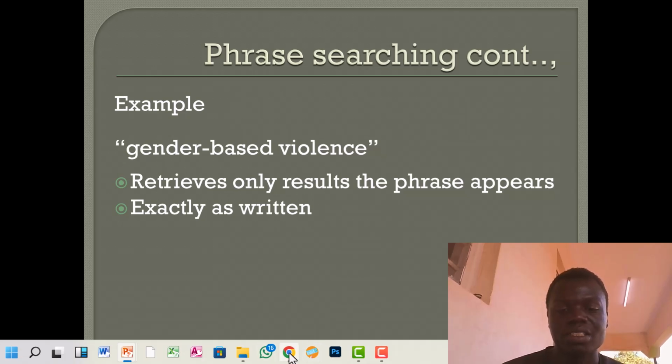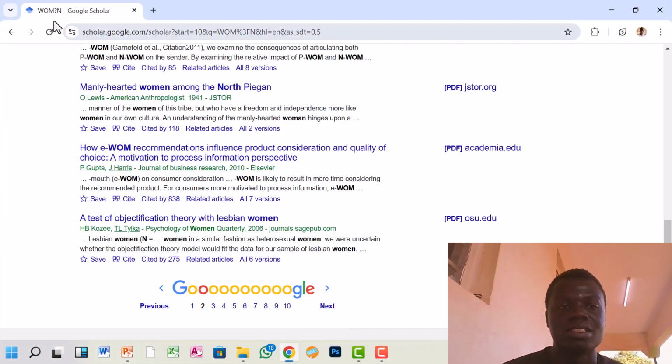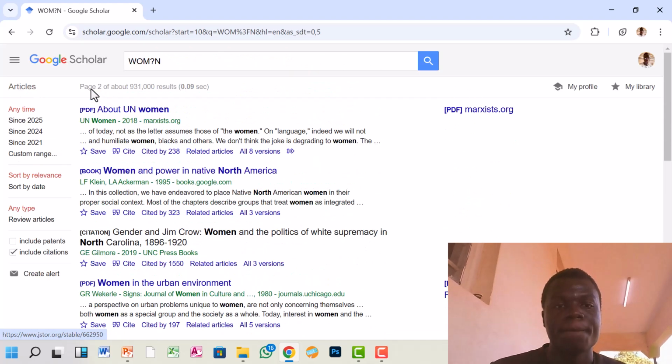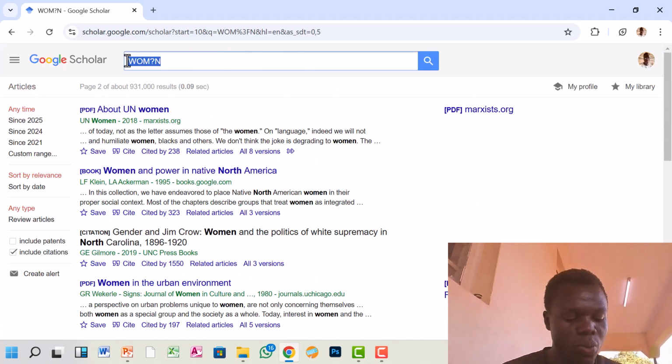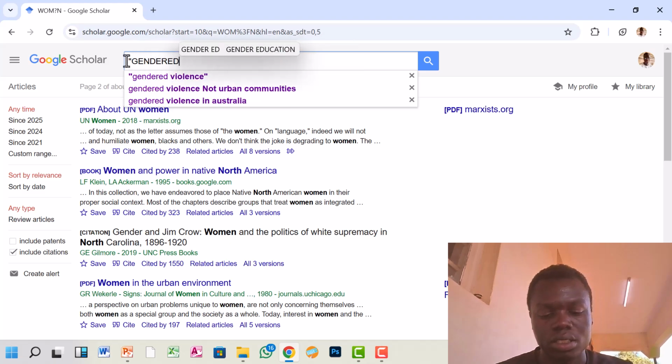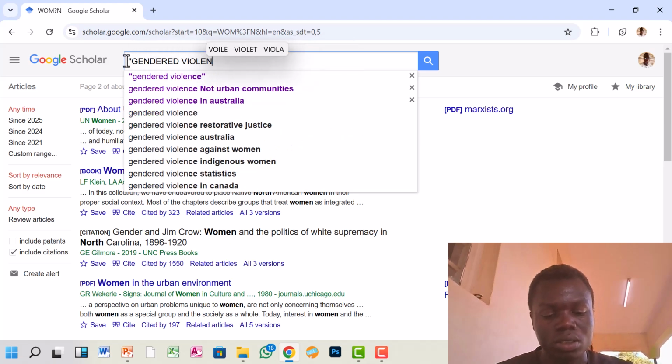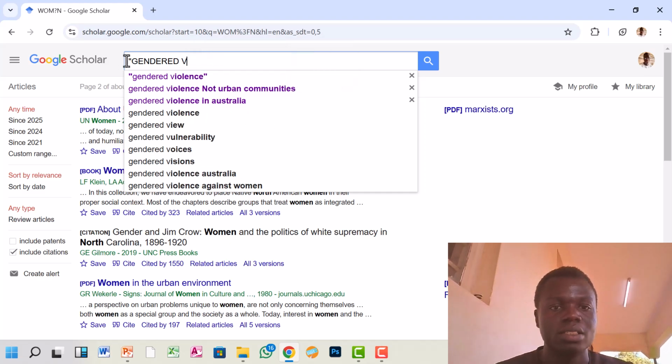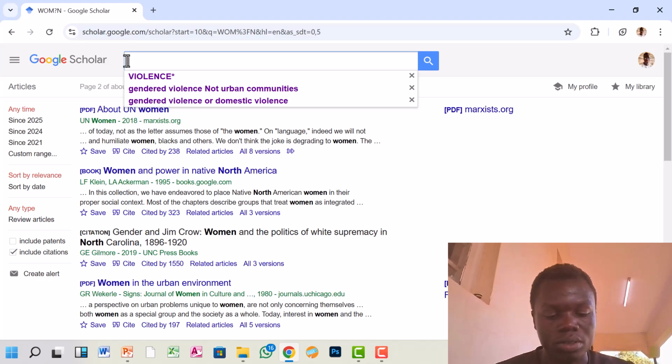So we can come back here and search. We can put, for example, the words gendered violence, but in quotation marks. Gendered violence, and we quote it.